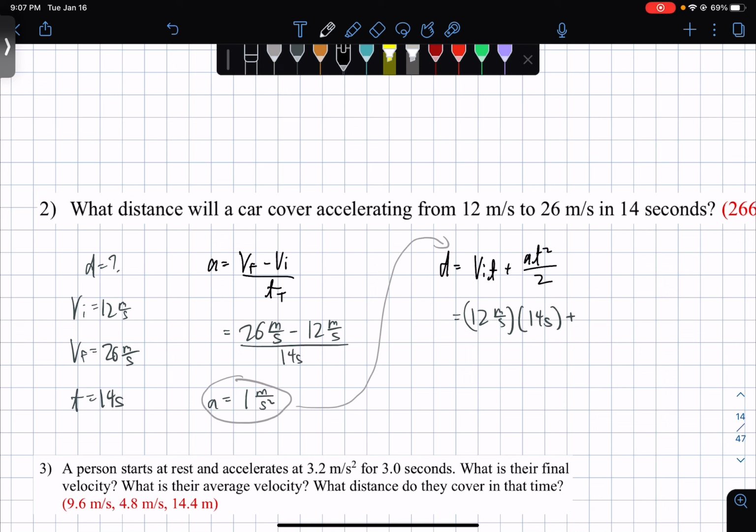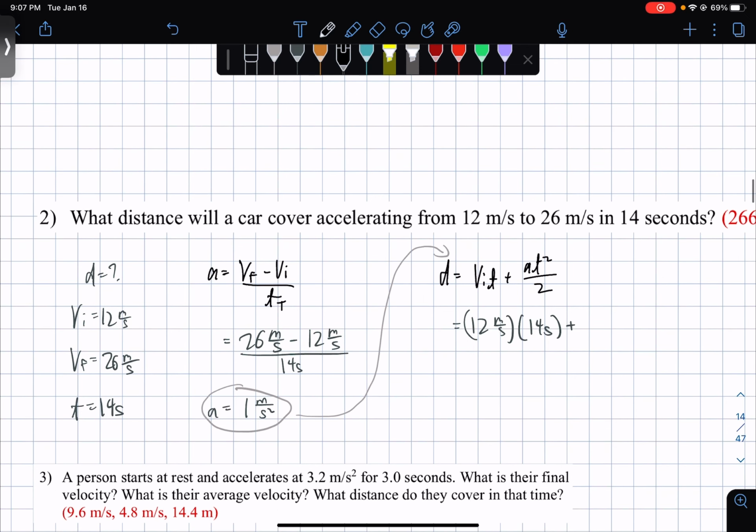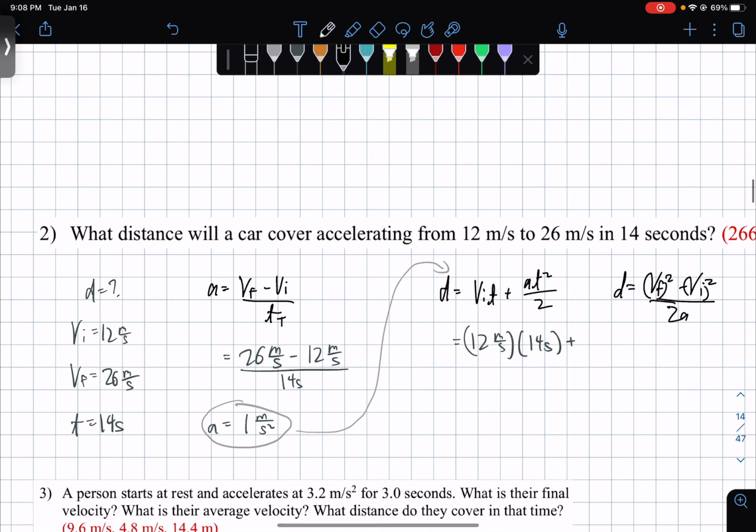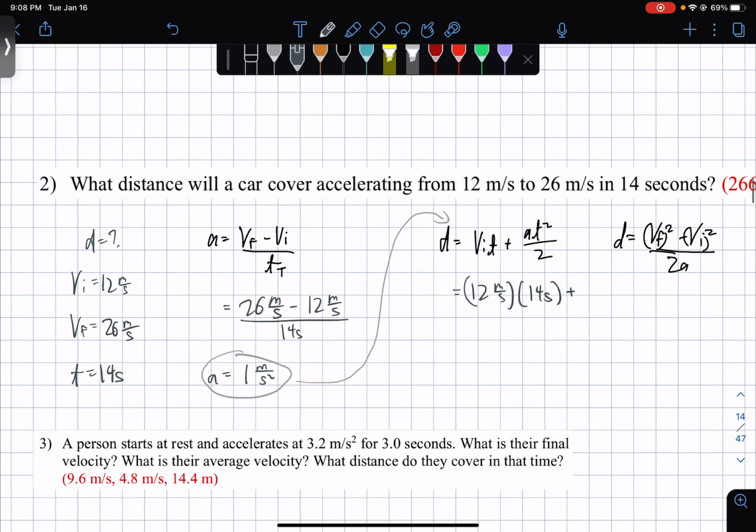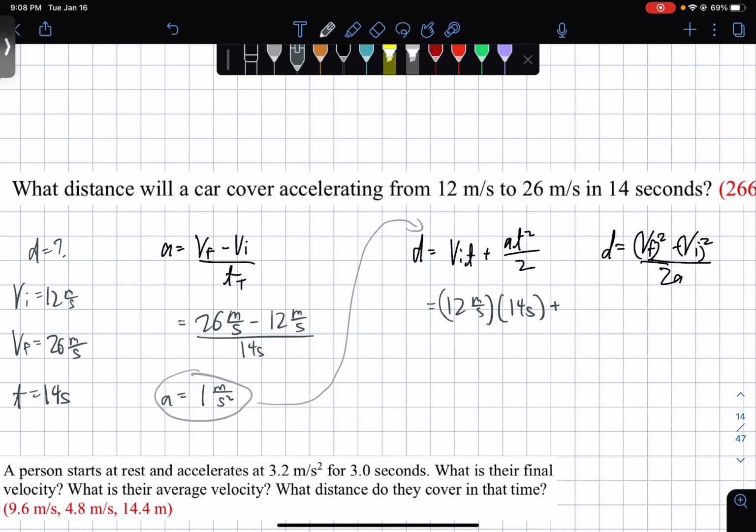Okay. Let's see if I can also solve using the other formula. Yeah, I have to keep remembering. This is plus, this is minus. If I interchange any of those formulas, then I'm extra dead.